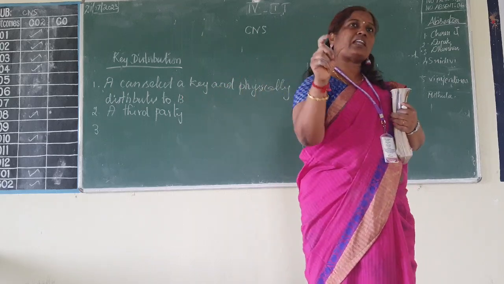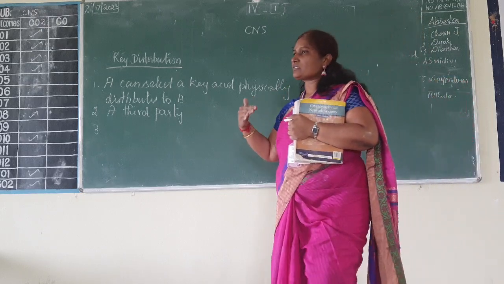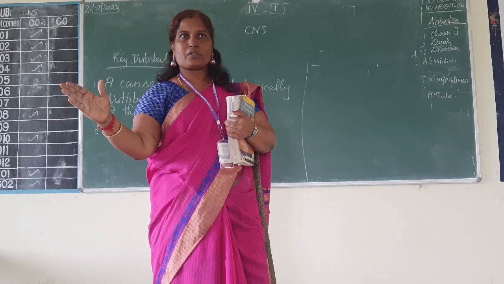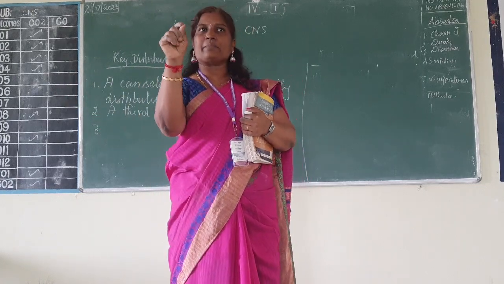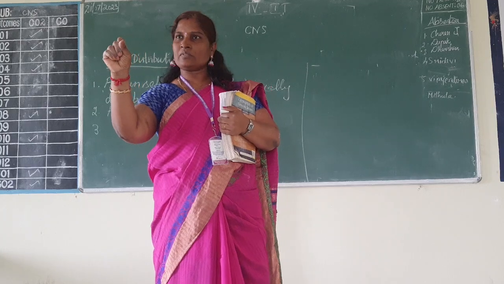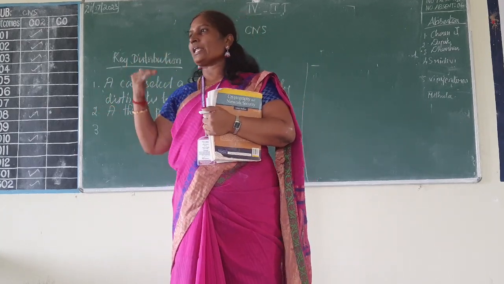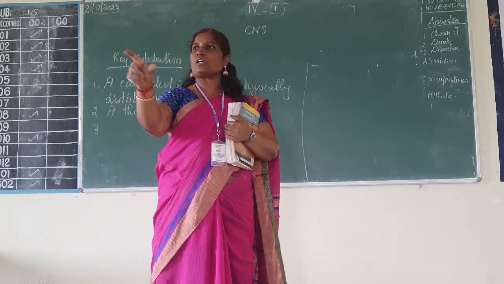For each session a separate key will be used. Suppose somebody is watching the communication between A and B, and he got the key at time T1. If you are not changing the key throughout your session, what will happen? He will be able to easily capture the plain text because he has got the key.